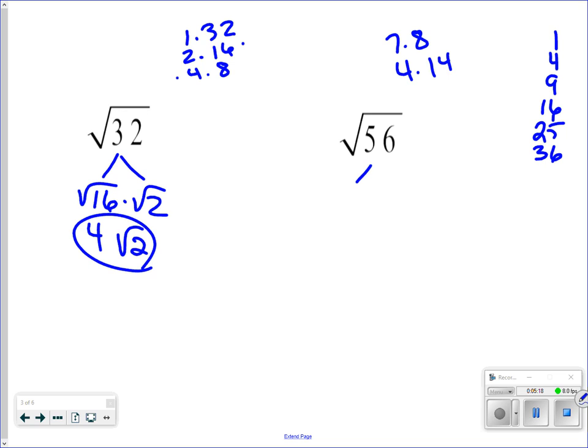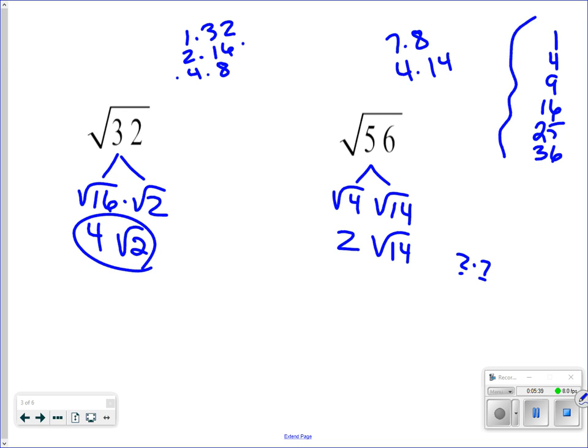So that's how we're going to break this one up. 4, 14. Square root of 4 is 2, and 14 dropped out. 14, if you think, but I can keep going. The only thing that multiplies to give you 14 is 2 times 7. Do you see either 2 or 7 on that list? No, then you know you're finished. So the answer is 2 root 14.